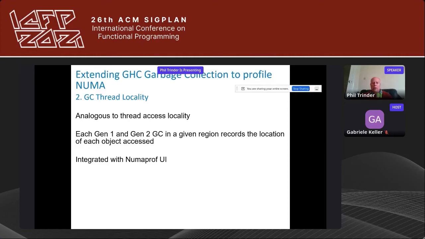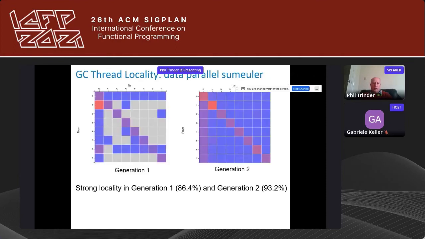There's generation 1 collections, there's generation 2 collections, and static objects. And this is similar logically to thread access locality. And in fact, we use the NUMAProf user interface to generate the same kind of heap maps, but these are heap maps of GC threads.